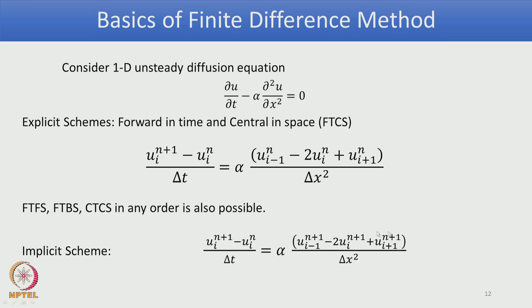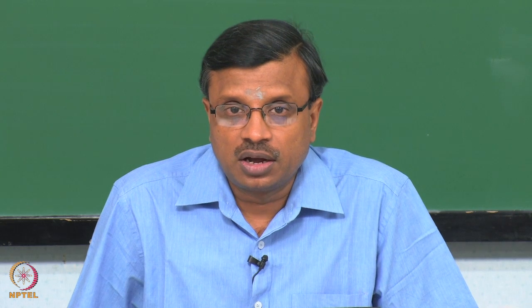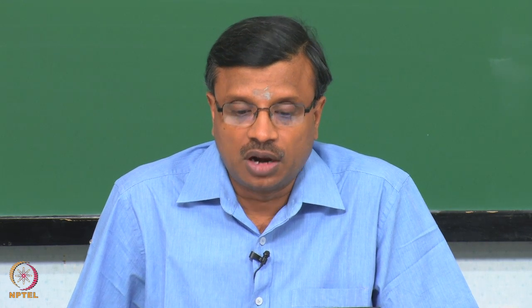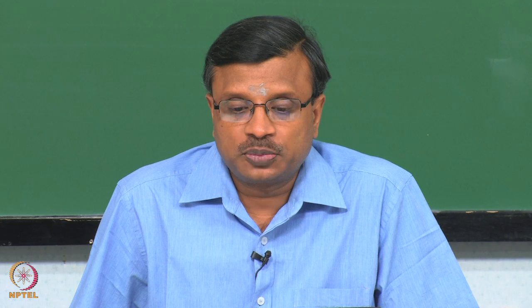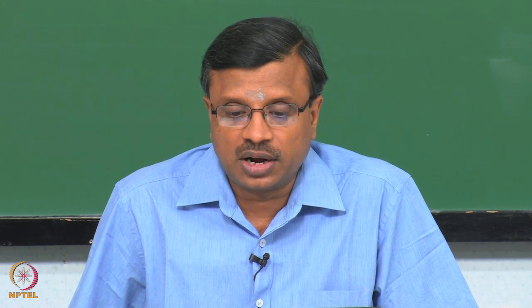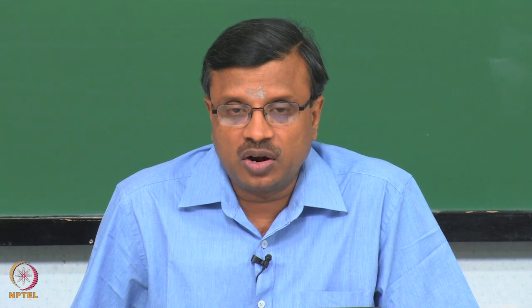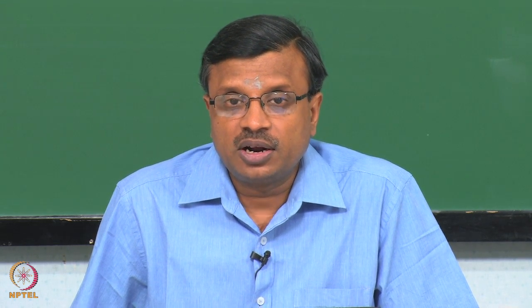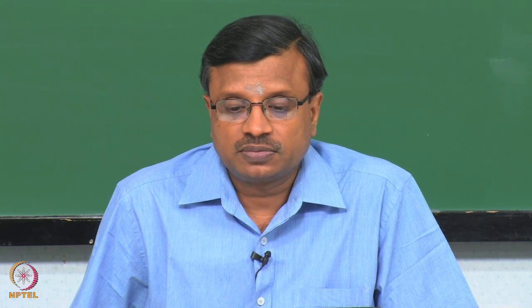So, if you look at the overall formulation, u of i, n plus 1 appears on the left hand side and also on the right hand side. So this becomes an implicit formulation. We do not go into the advantages of explicit and implicit schemes now; we will reserve that explanation for the subsequent class, just to get an idea of writing different finite difference approximations.